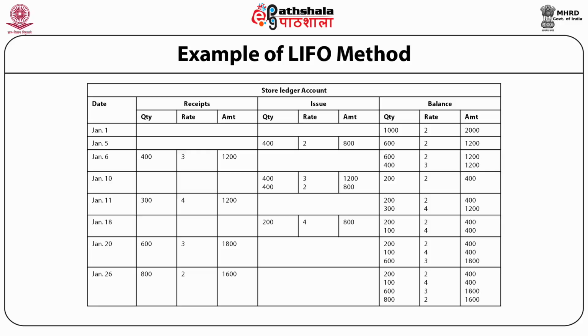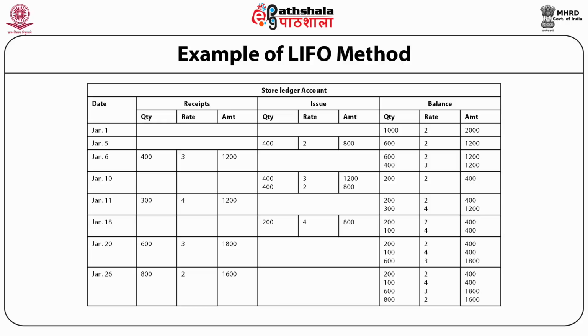On 6th January, an additional 400 units were purchased at the rate of 3, and now in stock there were 1000 units, in which 600 units were at the rate of 2 and 400 units at the rate of 3.